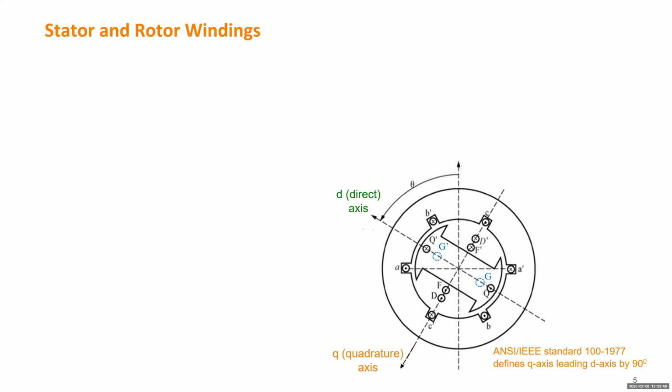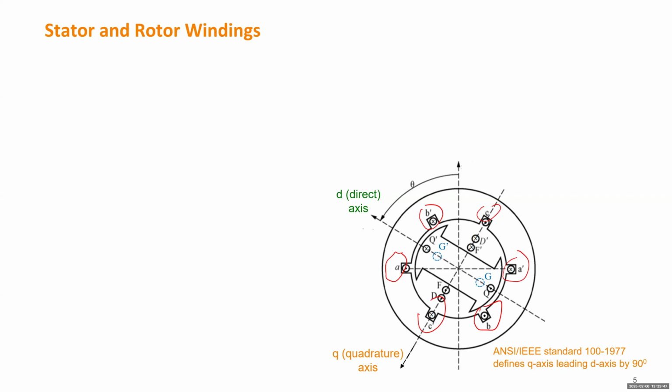For instance, this is a and this is a prime, which means the current will come out from a and go into the screen at a prime. The axis of winding a is right now vertical. Similarly, b will have b and b prime, lagging a and a prime respectively by 120 degrees. Also we have c and c prime. Those three windings are for the stator.